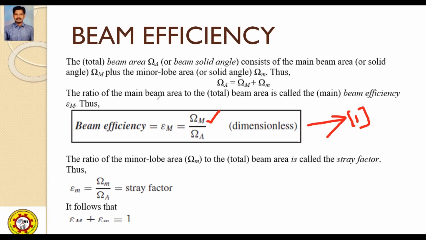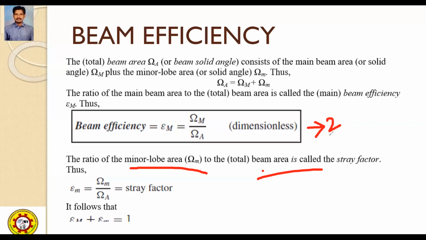Beam efficiency can also be represented in terms of the ratio of minor lobe area to total beam area. So beam efficiency equals epsilon m.